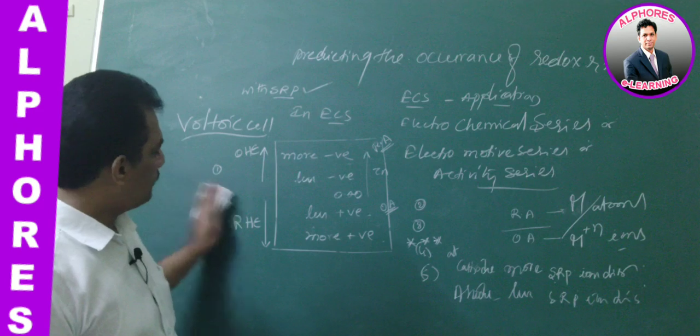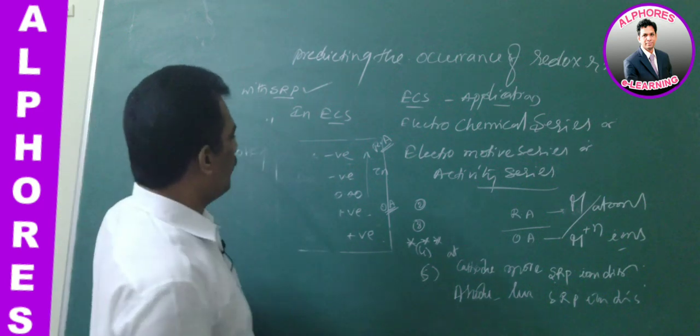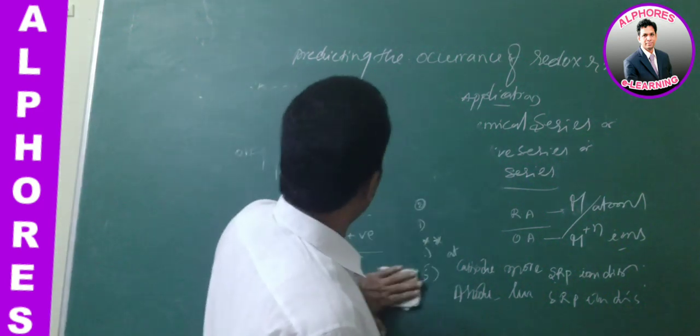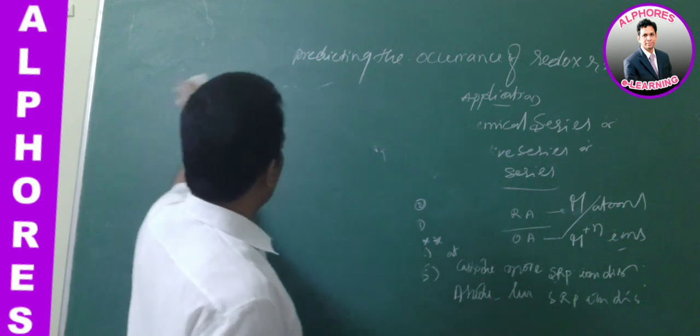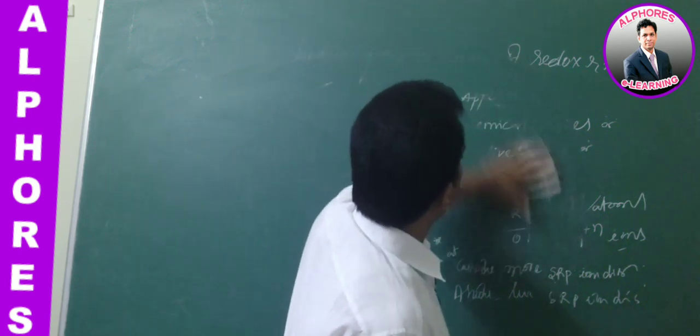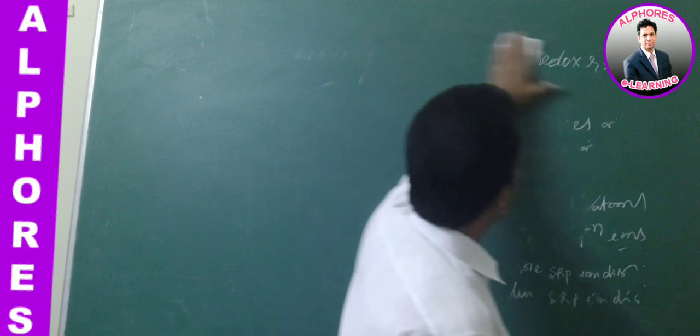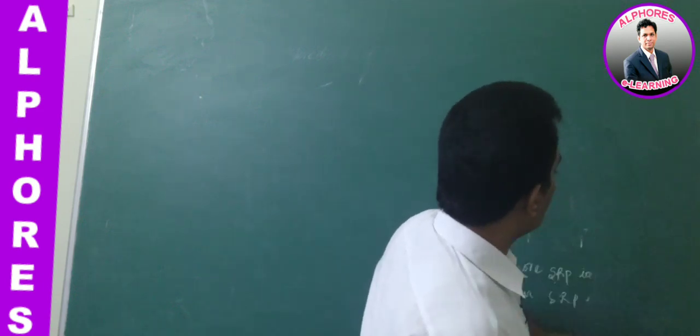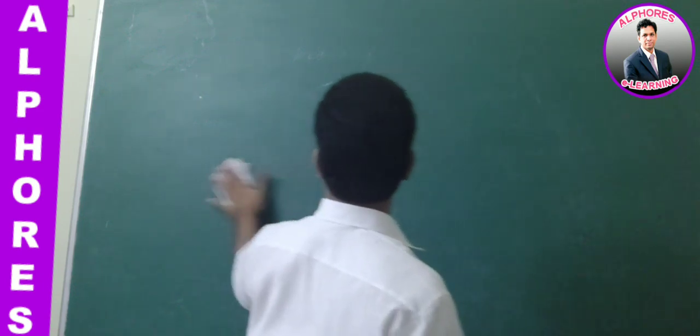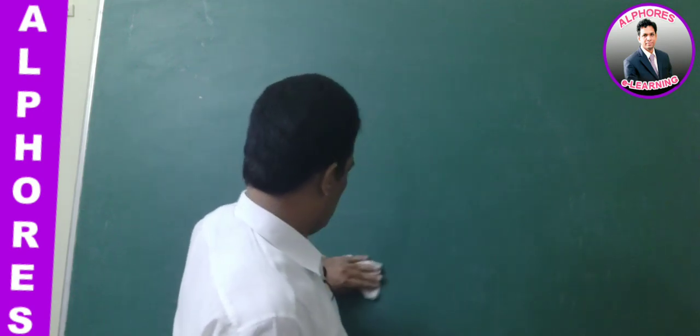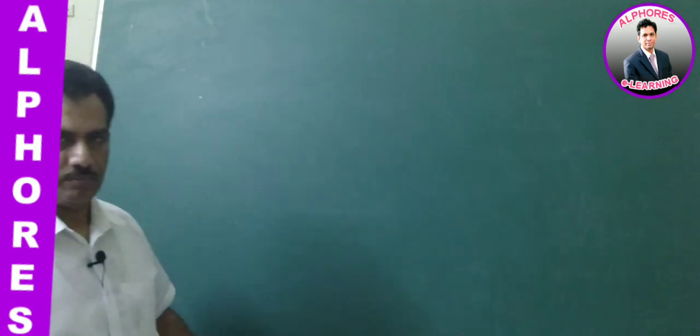Now, after constructing a voltaic cell, we can observe a peculiar phenomenon in voltaic cells. Sometimes the voltaic cells may be reversible, or sometimes they may be irreversible. That means the cell reaction may get reversed or may not get reversed.